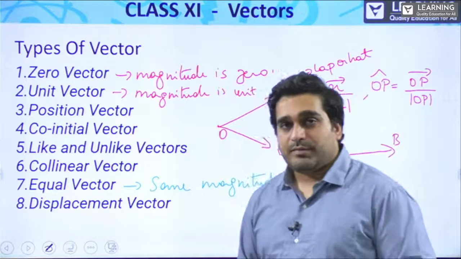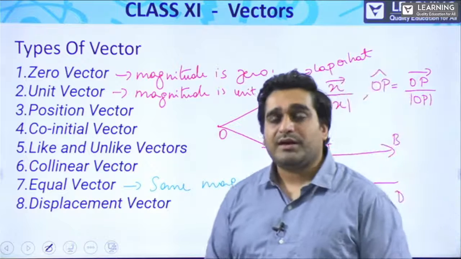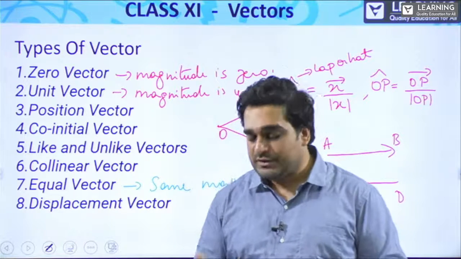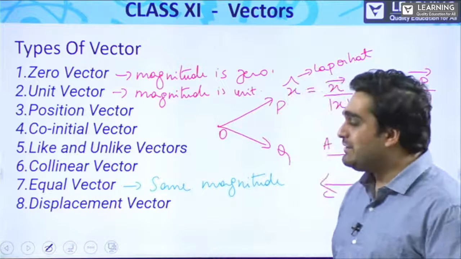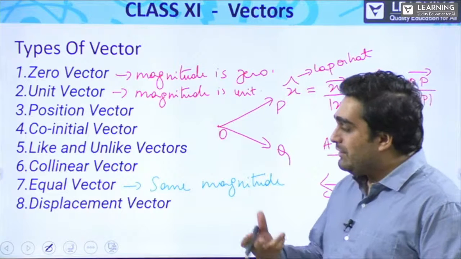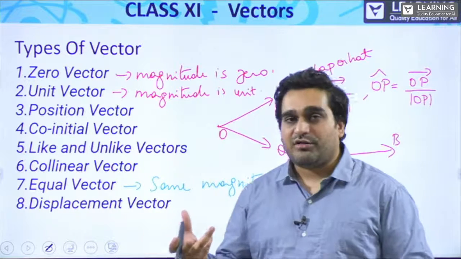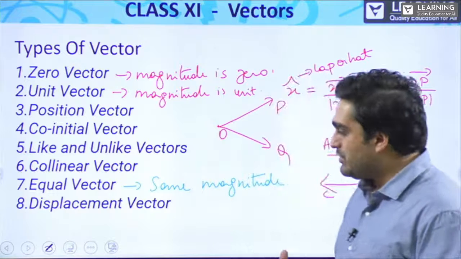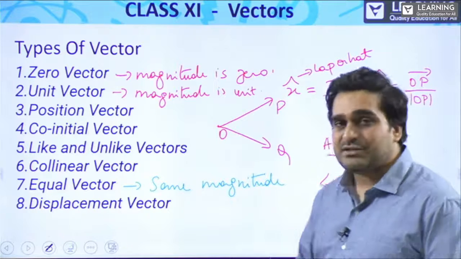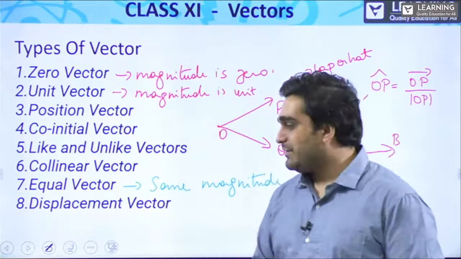Displacement vector. Displacement vector is defined as a vector that tells you the displacement of an object, so how much an object has displaced from its initial position.